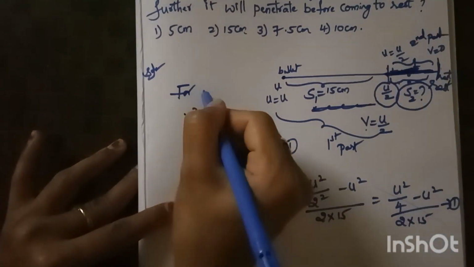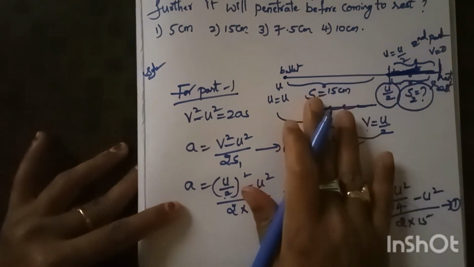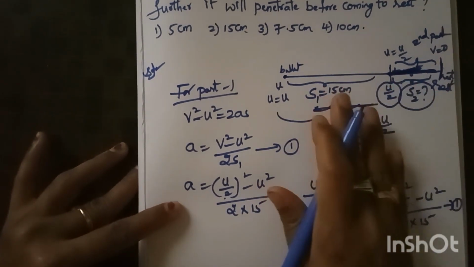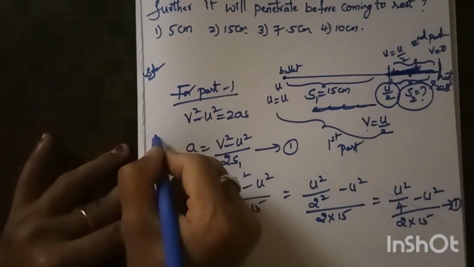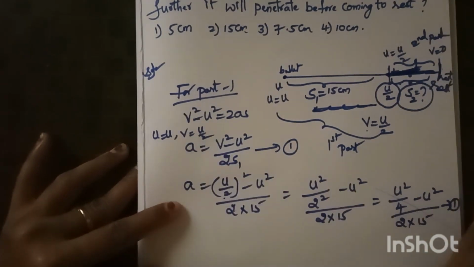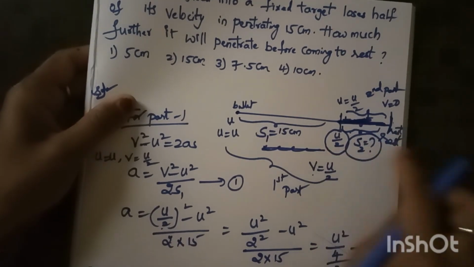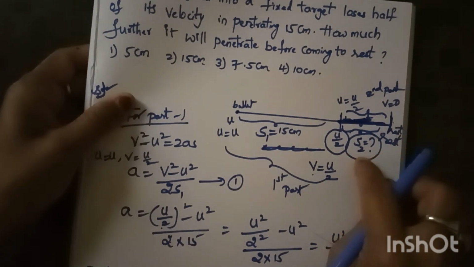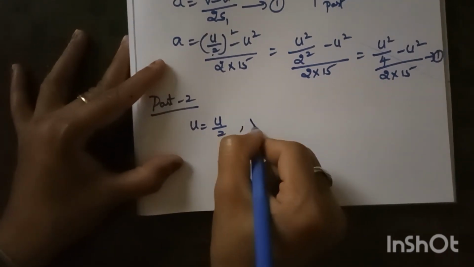For the first part, it is first moving with u and loses its velocity by traveling 15 centimeters of length. So u equals u and v equals u by 2. For the second part, by losing its velocity to rest, how much distance has it traveled? u equals u by 2 and v equals 0.